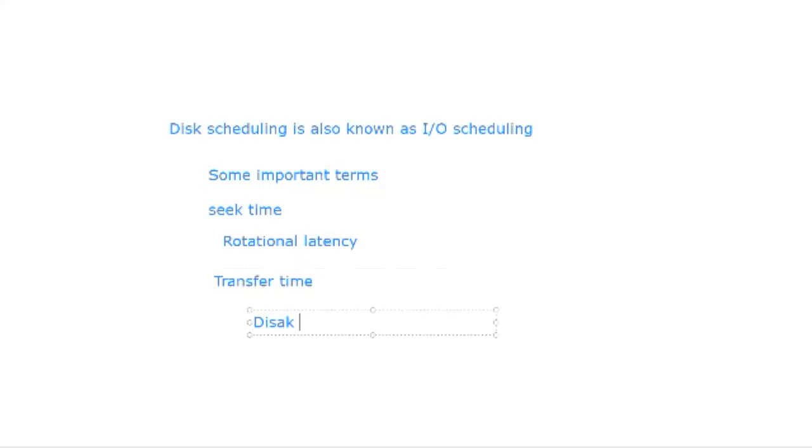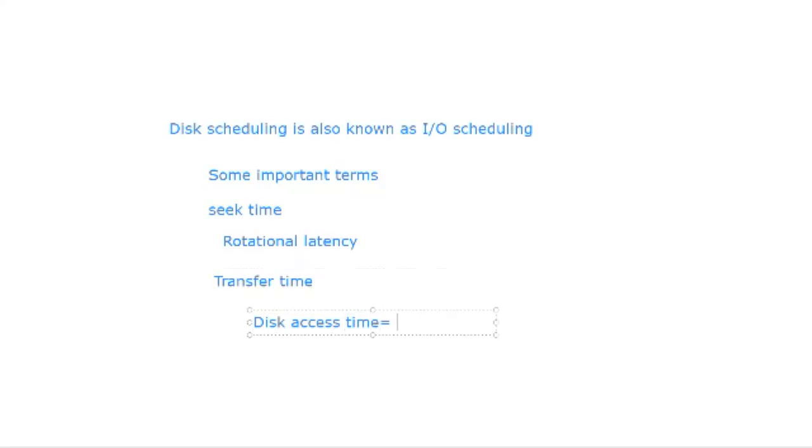Disk access time. Wait, let me write down a formula for disk access time.